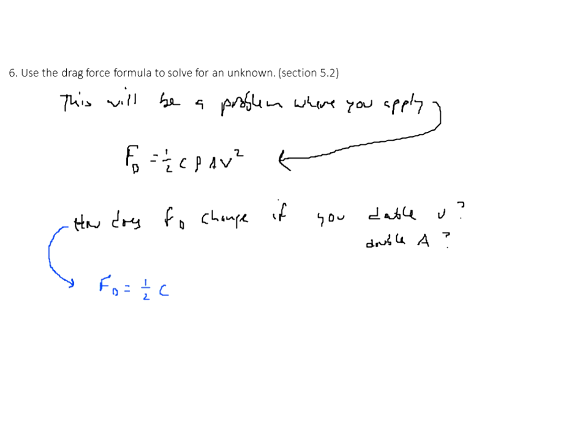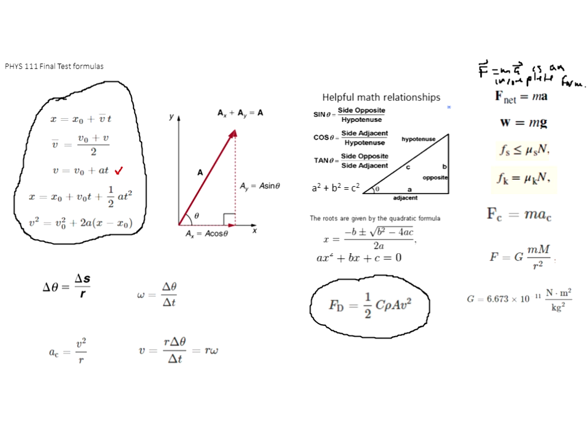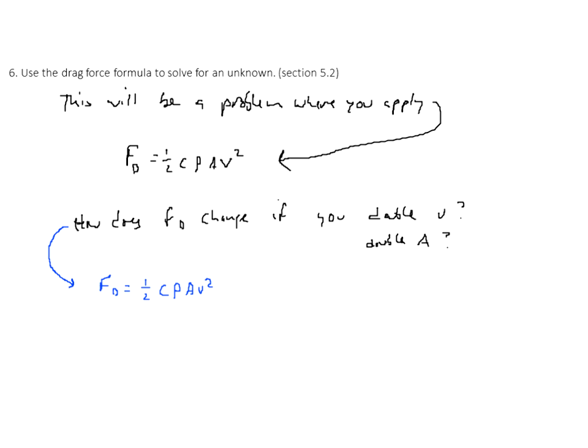So FD equals 1/2 C rho A times V squared, again, just based on our formula.